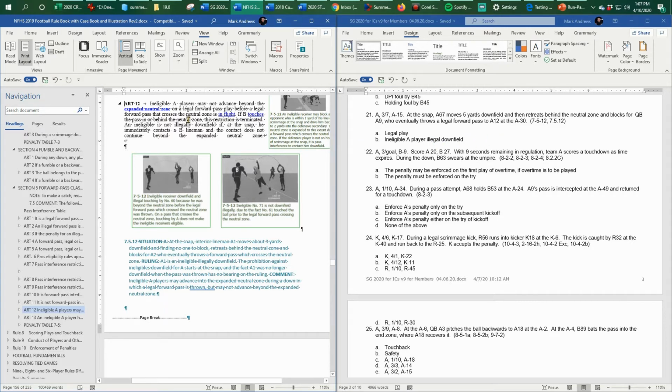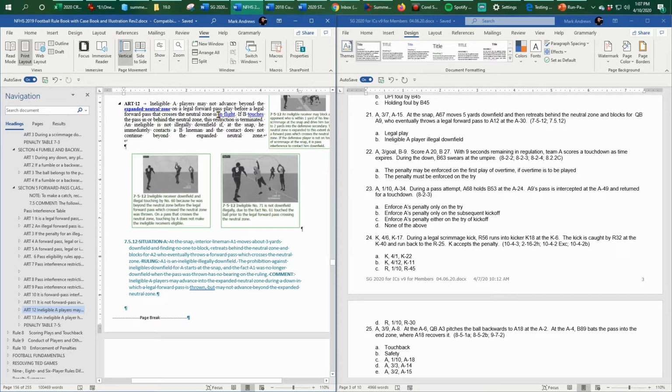The rule reference is 7.5.12, and it states that ineligible A players may not advance beyond the expanded neutral zone. Remember, you can read the definition right there. It's a maximum of 2 yards behind the defensive line of scrimmage in the field of play. This applies before a legal forward pass that crosses the neutral zone is in flight.